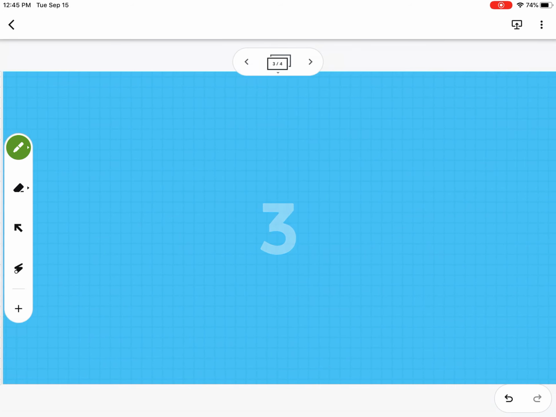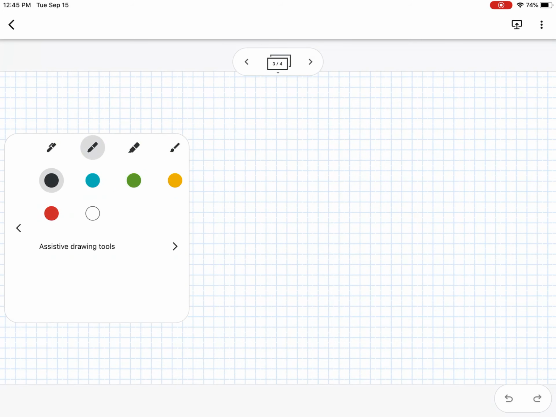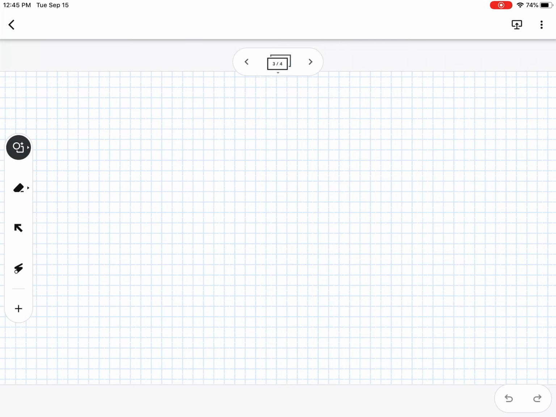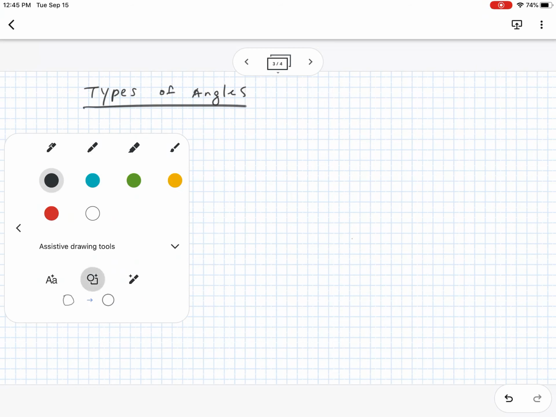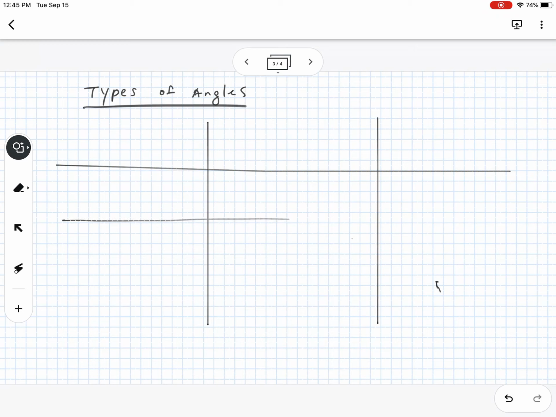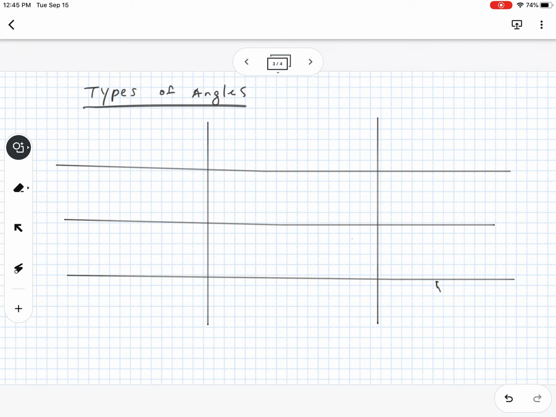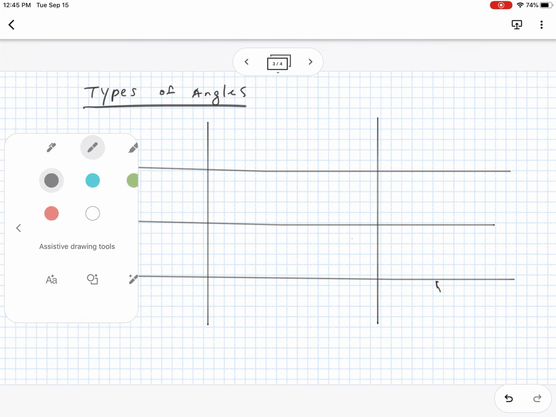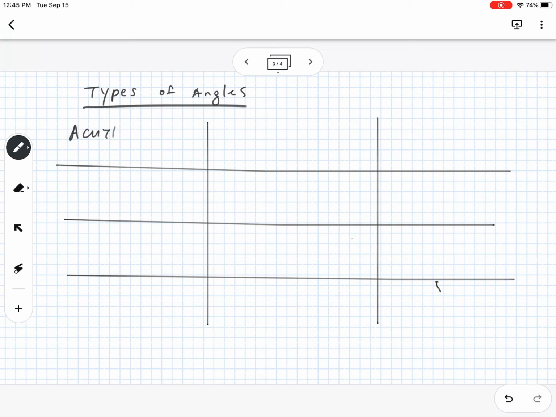All right. So now, what are the different types of angles that we have? What we're going to do is draw a quick chart. This section is called types of angles. So this first type of angle is called an acute angle.